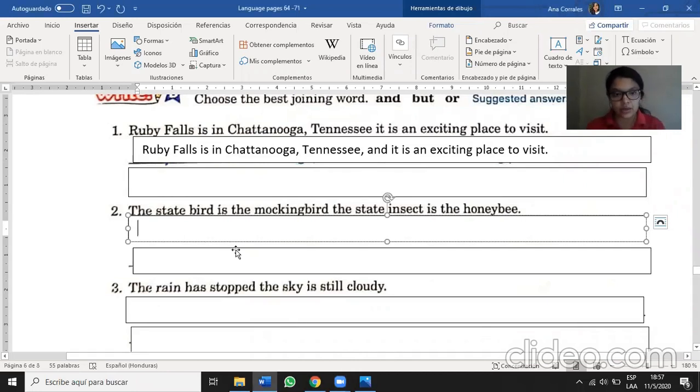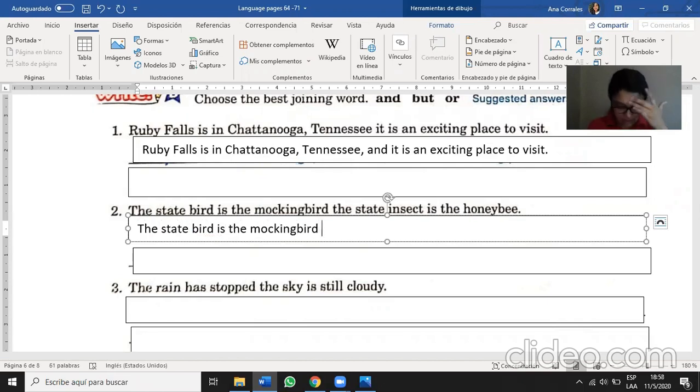Valga la redundancia de los or. So the state bird, oops, what happened here? The state bird is the mockingbird, comma, and the state insect is the honeybee.